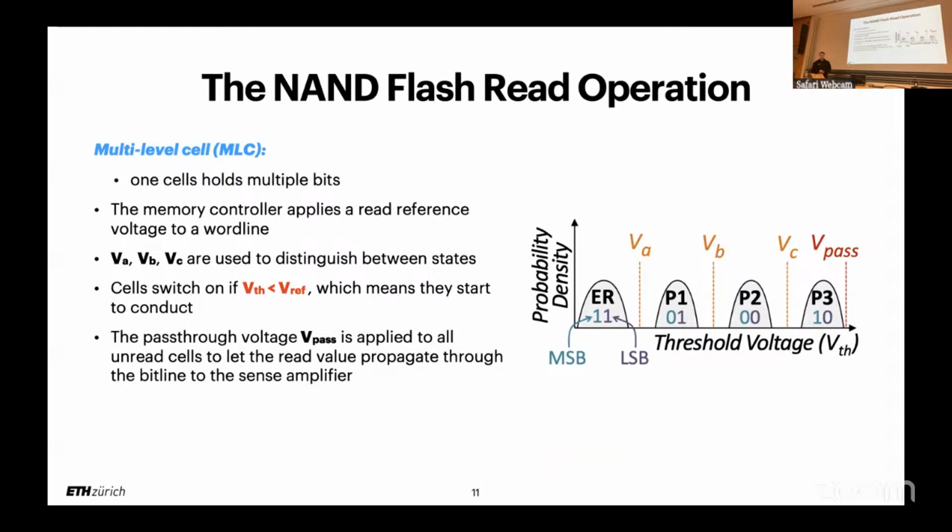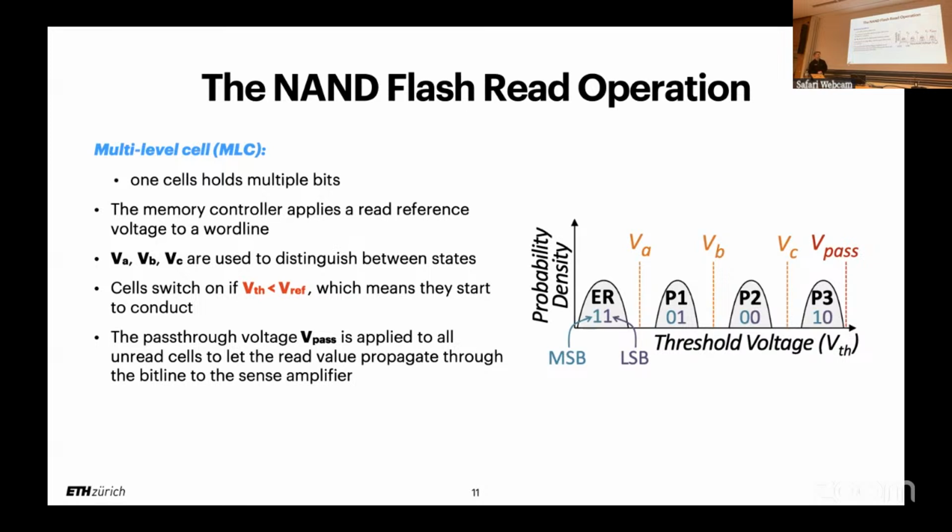So now reading. We're looking at MLC design, which is multi-level cell, as mentioned in the previous presentation. This means each cell stores multiple values. MLC typically means we store two values, which is what we'll be discussing in this paper specifically. So since we're storing two values, we'll have four different states: ER, P1, P2, and P3.